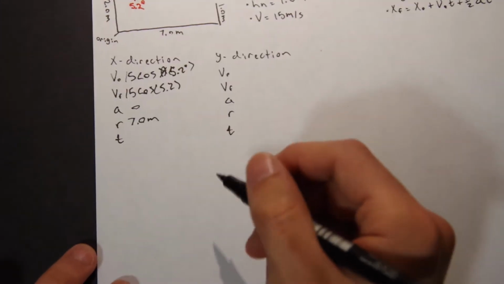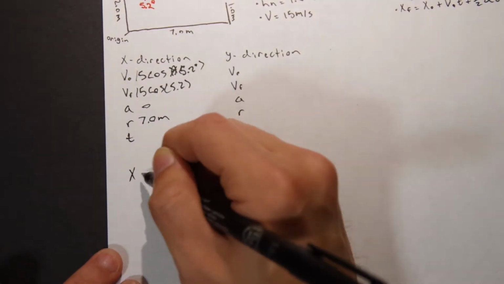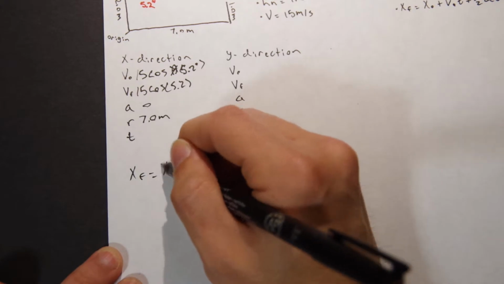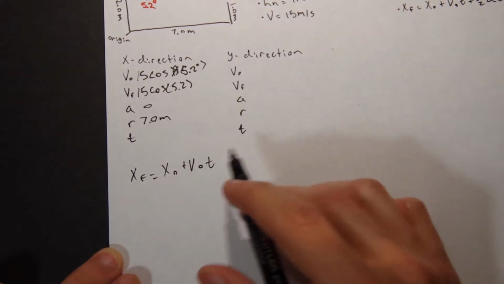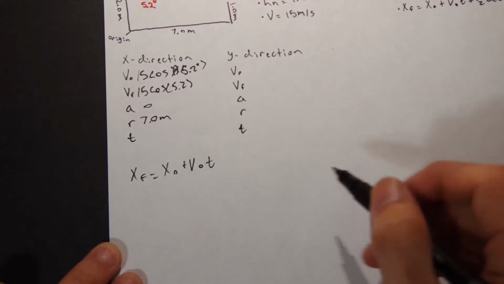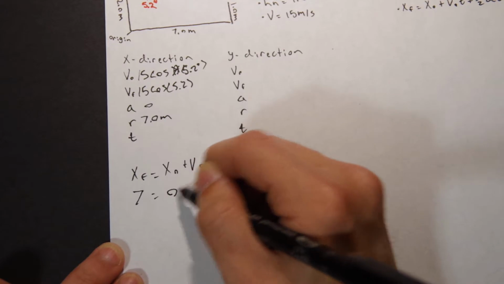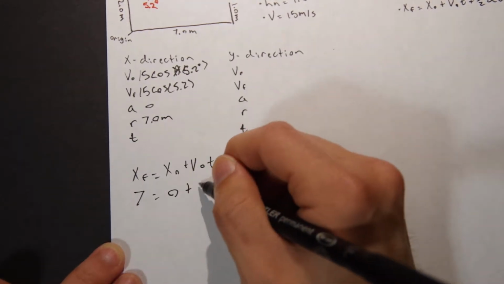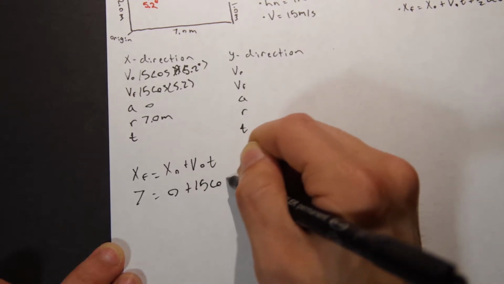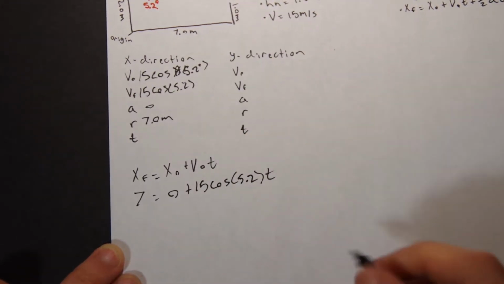So let's use this equation for x final equals x naught plus v naught t. Now since we don't have acceleration, we can get rid of the last part. So our 7 equals 0 because it's starting at the 0 point, plus 15 cosine of 5.2 times t.